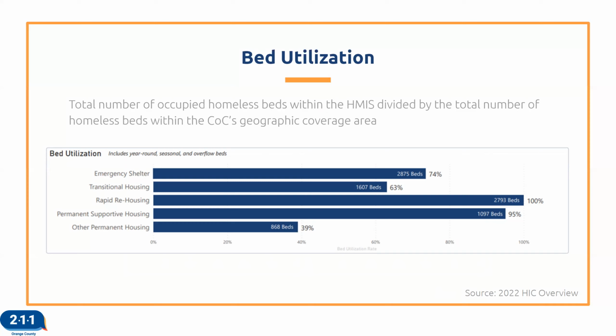We find out the number of bed nights each client has during the reporting period, add all those up, and then the denominator is the bed inventory that was available every day during that reporting period. So if you're looking at a month and you have 10 beds, 10 beds available for 30 days would be 300 possible bed nights. So that's how we're determining bed utilization.